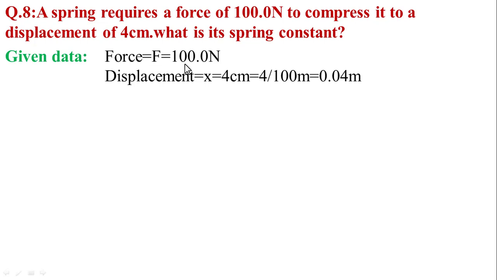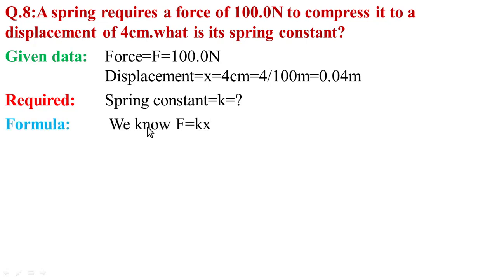Force F is equal to 100 Newton and displacement x is equal to 4 centimeter. Now change the centimeter into meter, then 4 divided by 100 is equal to 0.04 meter, and required is the spring constant k.